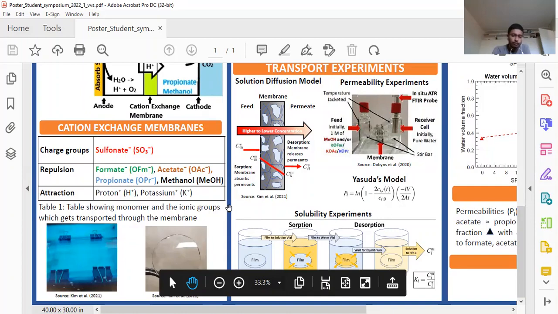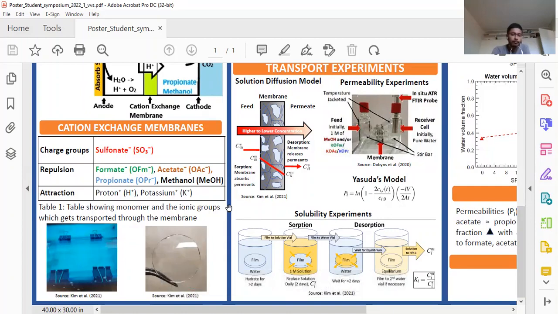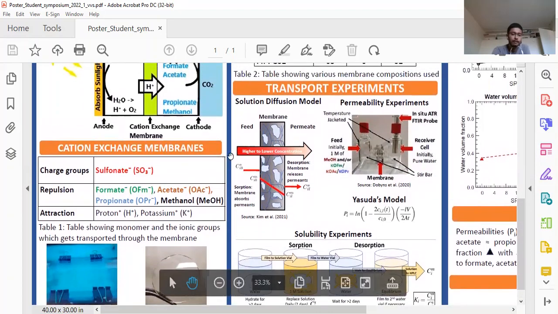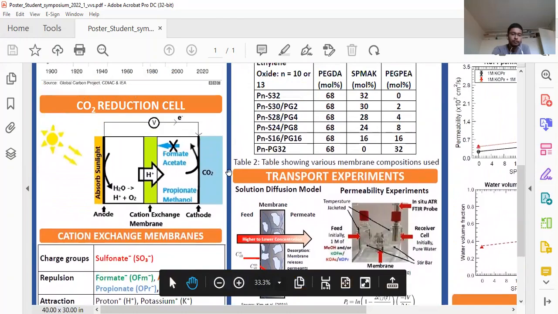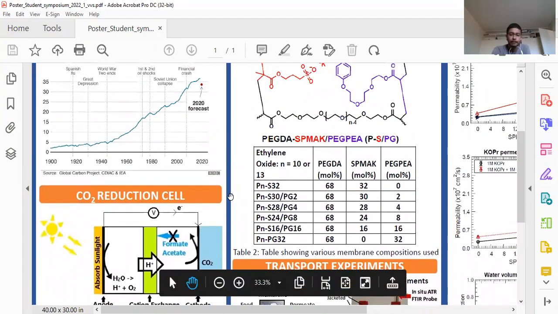To bring such a membrane into reality, we need to first prepare model cation exchange membranes with tunable crosslink densities and tunable monomer compositions.